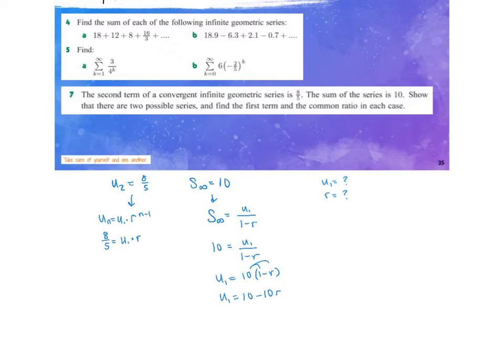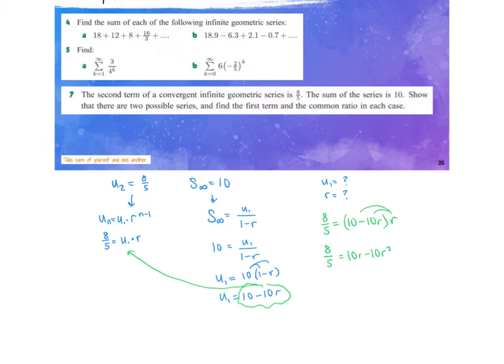Now I'm going to take that and plug it in for u1. So I have 8/5 equals 10 minus 10 times r. And let's distribute that r. So I have 8/5 equals 10r minus 10r squared.